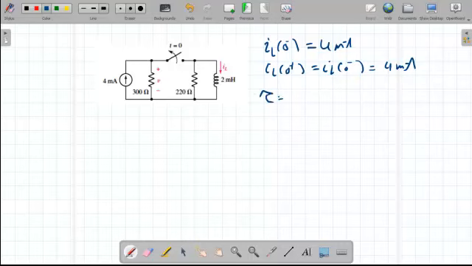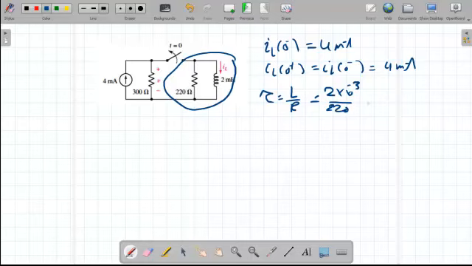Now we find our tau. When this switch is open, we have only this circuit. So tau equals L over R, 210 times 3 over 200. So the time constant is 9.1 microsecond.